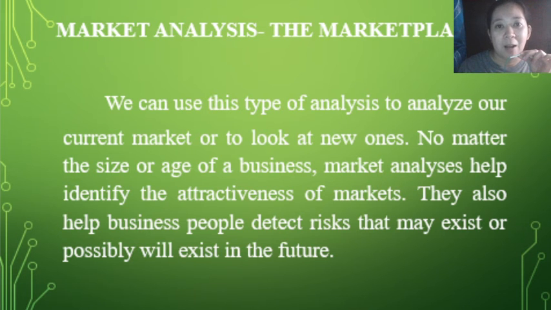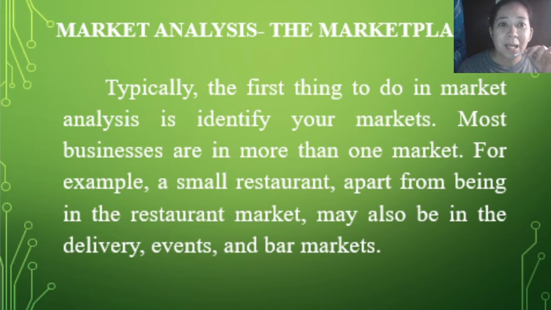So typically, the first thing to do in the market analysis is of course to identify what market you are in, what type of market structure you are in. Most businesses are in more than one market.